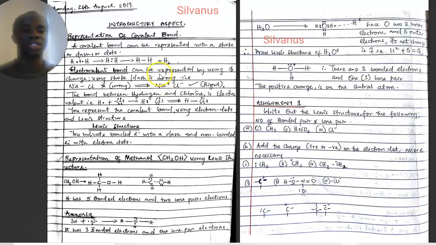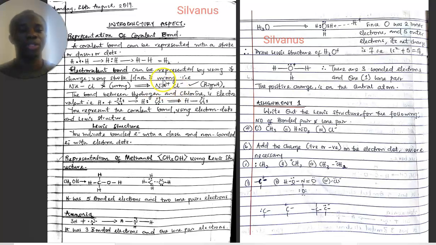Chlorine gains one electron, so it now has more negative charge than positive charge, and it carries a negative charge.